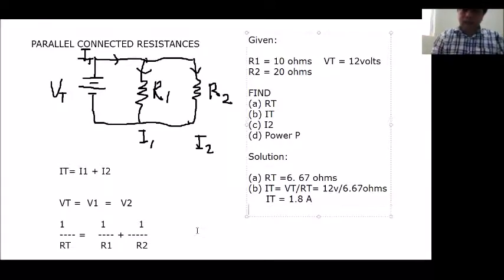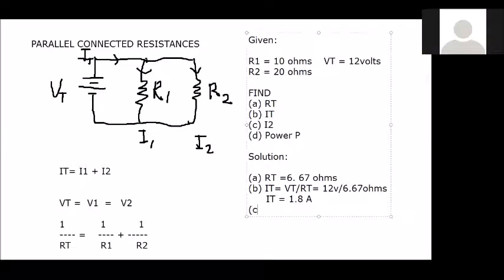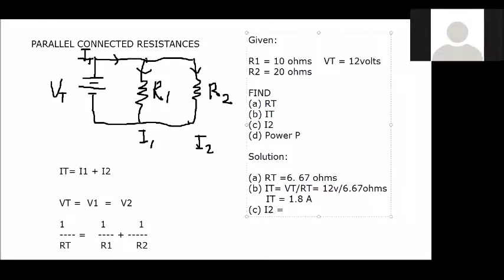How about I2? I sub 2 is therefore equivalent to 12 volts again, because the voltage is the same, divided by the resistance of R2, which is 20.